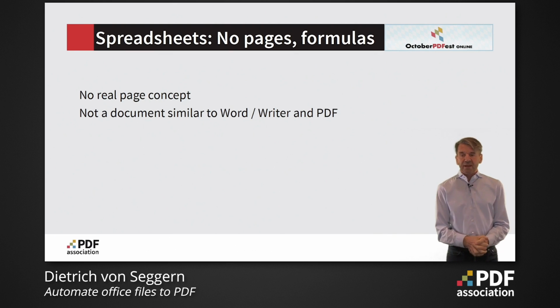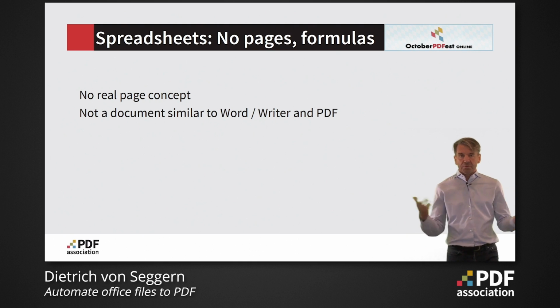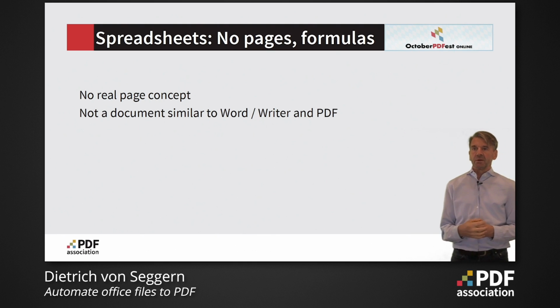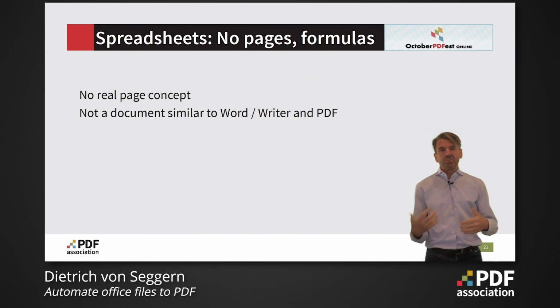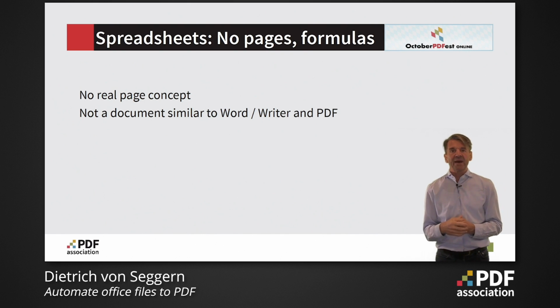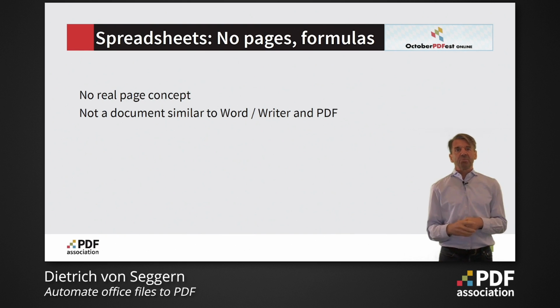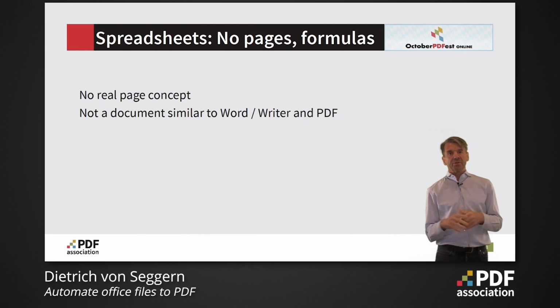Let's move to the next topic, spreadsheets. So yeah, we all know spreadsheets. When we look at spreadsheets from the outside, in the context of PDF conversion, we first see, compared to what a text processor has, there is not really a document. If we define a document, it has something like a page with certain dimensions.